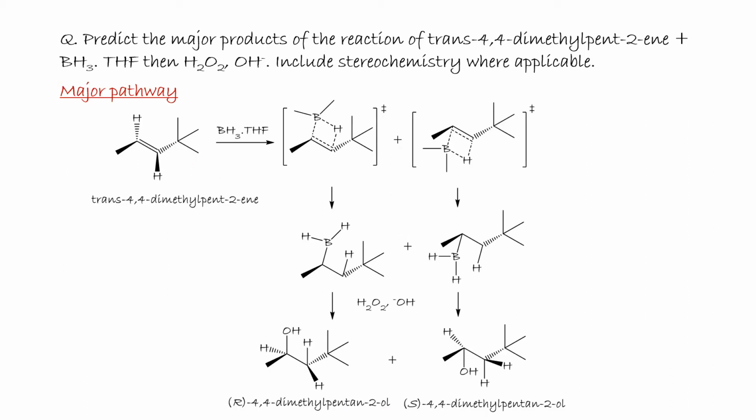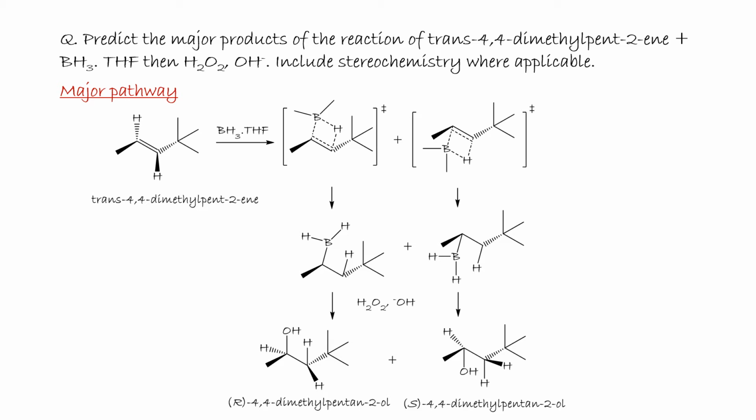Predict the major products of the reaction of trans-4,4-dimethylpent-2-ene with borane in tetrahydrofuran, followed by hydrogen peroxide in base. Include stereochemistry where applicable. In this example and the coming one, you have to build up your skills on drawing in three dimensions.